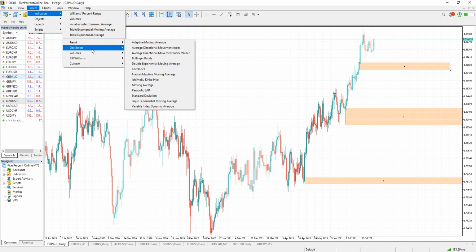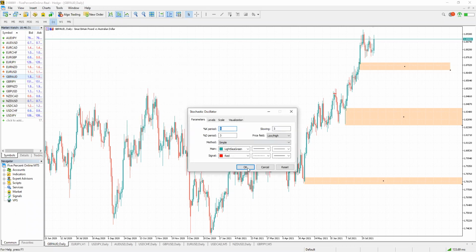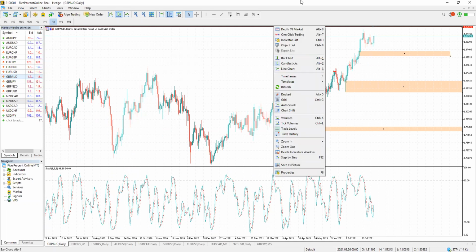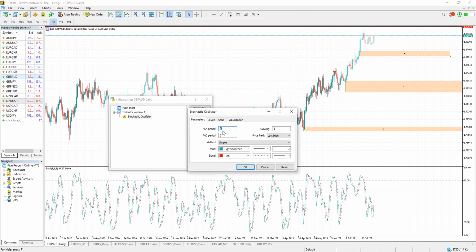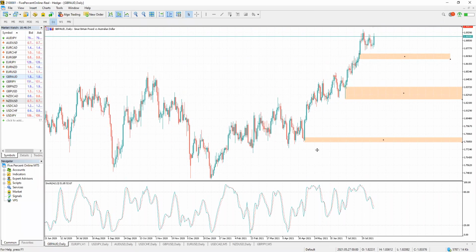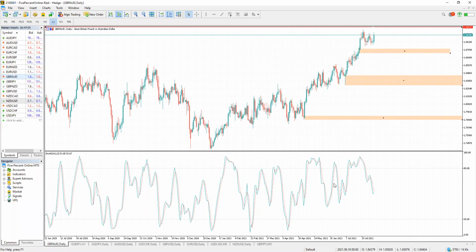What can we use? Yeah, so okay, it's not showing what I thought it would show.